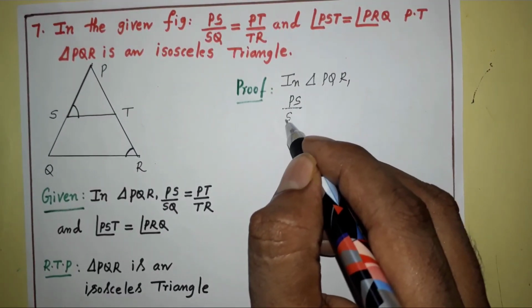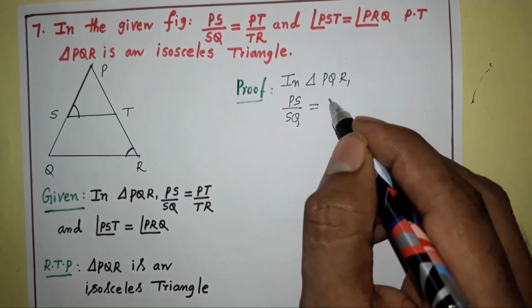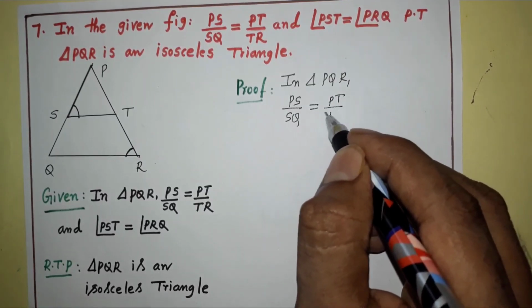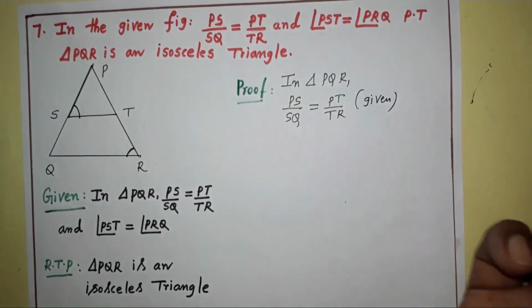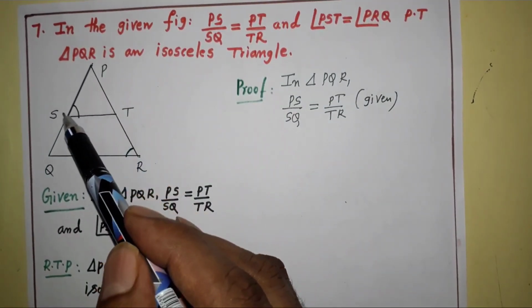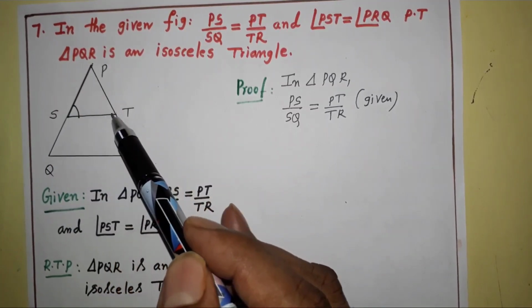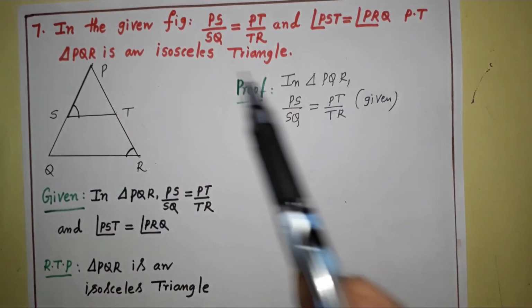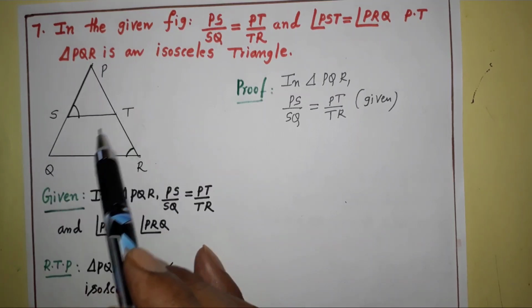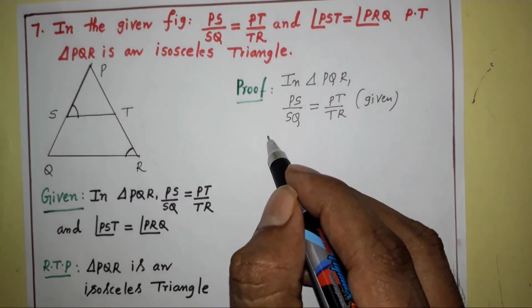PS by SQ is equal to PT by TR, that is given. Now you see, if PS by SQ is equal to PT by TR, then from the converse of the basic proportionality theorem, we can write ST is parallel to QR.